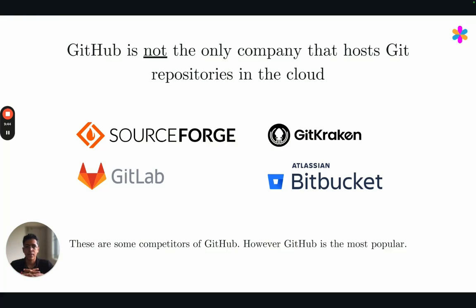GitHub is not, by the way, the only platform that allows you to host Git repositories. There are platforms like SourceForge, GitKraken, GitLab, Bitbucket, etc. We will cover a little bit of GitLab in the last part of this course. But we would not recommend any of these platforms over GitHub.